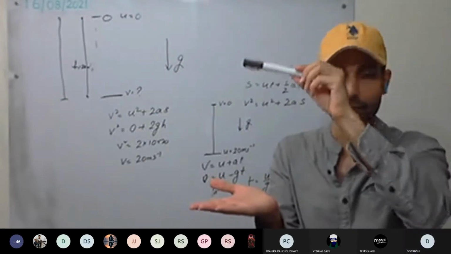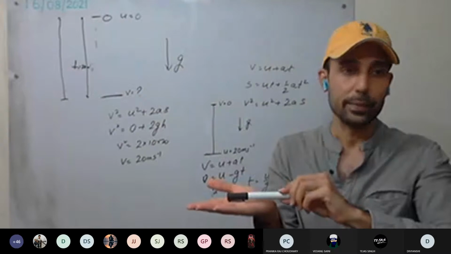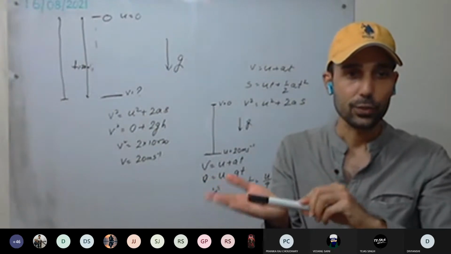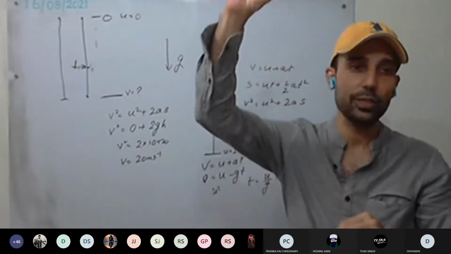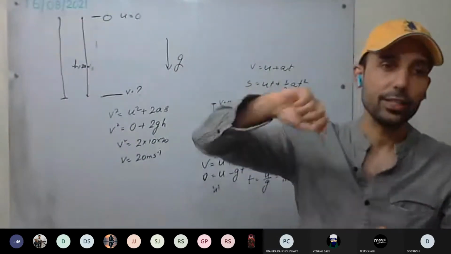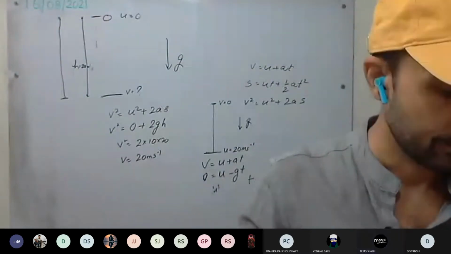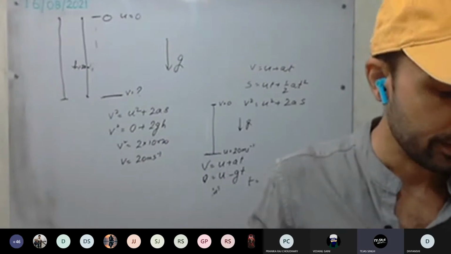While coming back it increases by 10 meter per second each second, reaching 20 meter per second at the ground. Acceleration is 10 meter per second squared: minus, it is retardation during the up journey, and during the coming down journey it will be positive. You understood the motion of the ball in question 11?